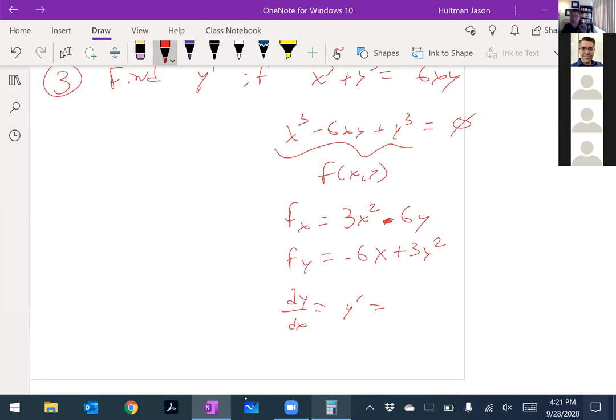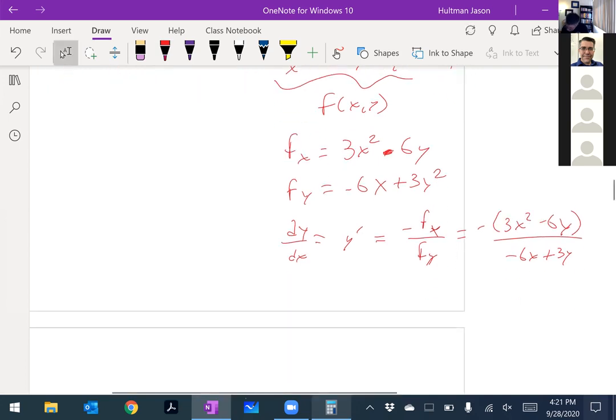I'm just showing you, let's use the power of partials to make it faster. Y prime is going to be equal to negative f sub x over f sub y. So this is negative 3x squared minus 6y over negative 6x plus 3y squared.